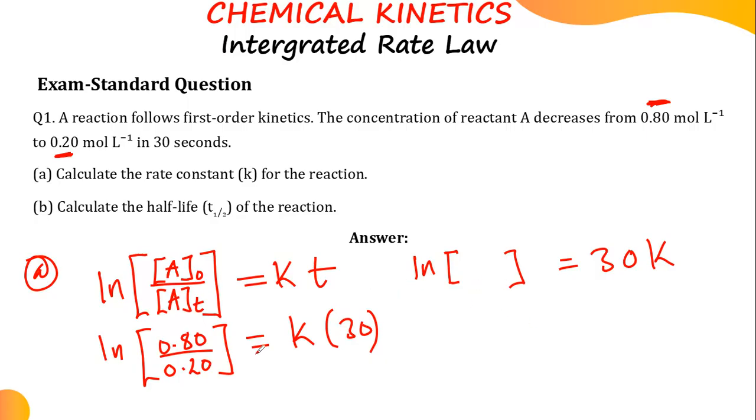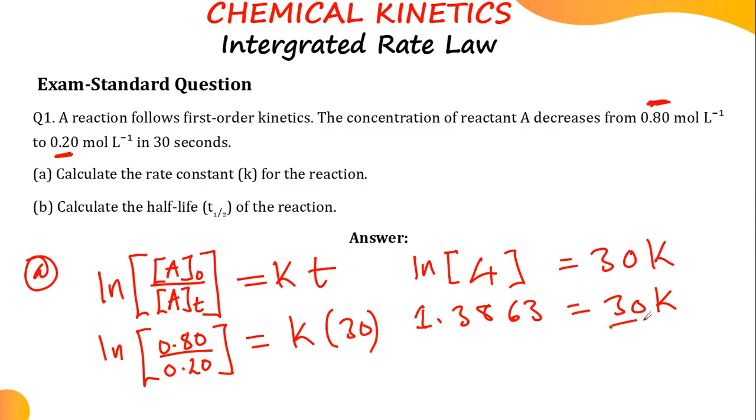That's 4. Then do the ln of 4 on your calculator. It's 1.3863. You can confirm in case I make a mistake here.